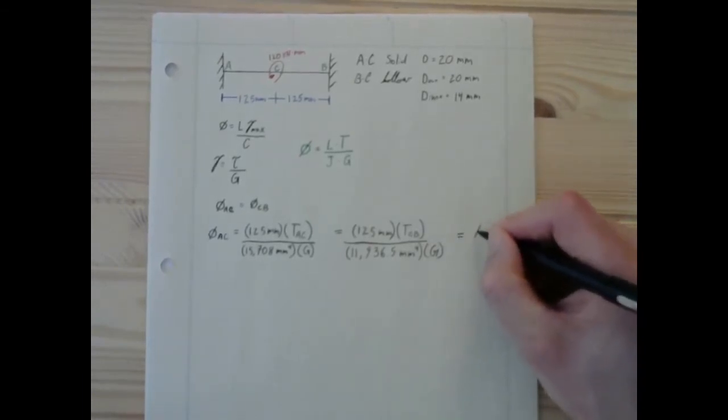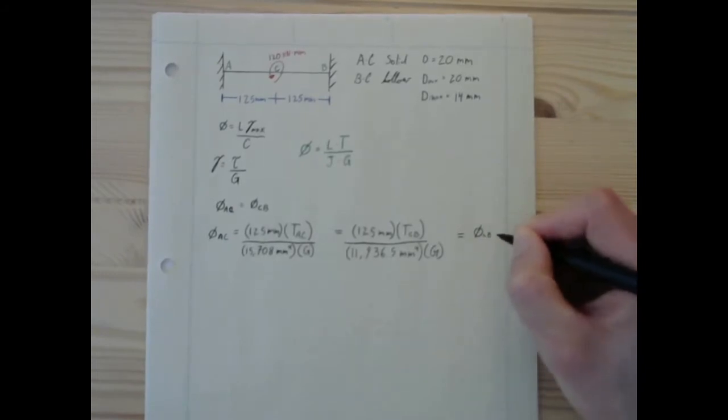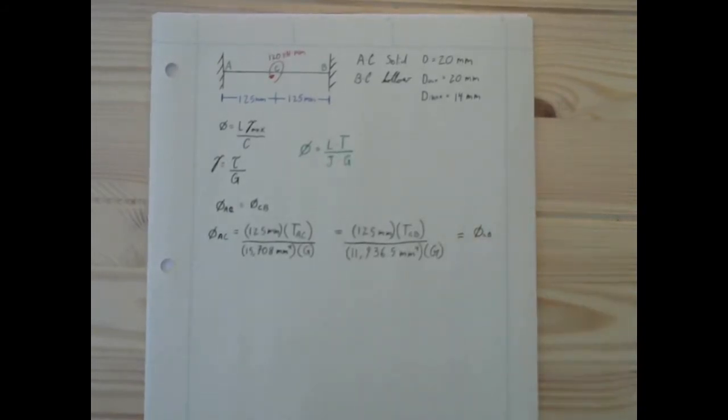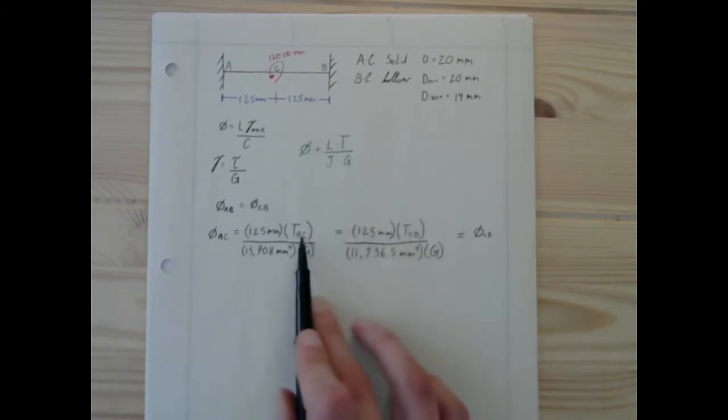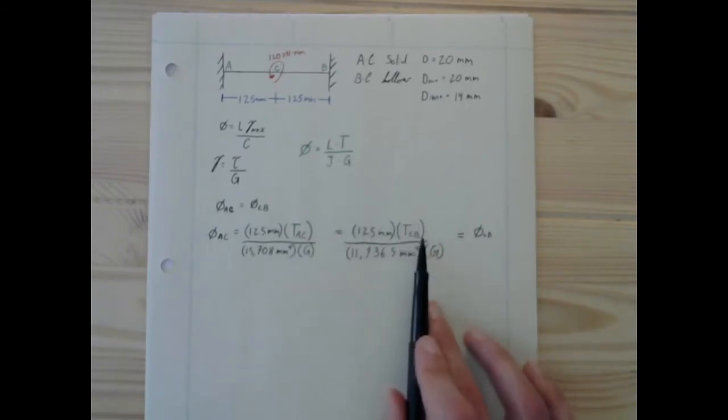That's equal to the twist from C to B. So we can rearrange these, and that will give us our relationship between, I guess, the ratio between TAC and TCB.